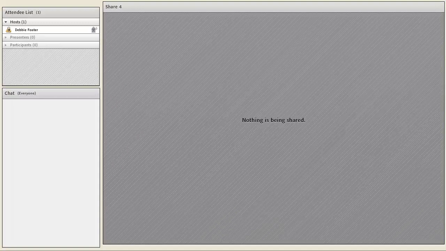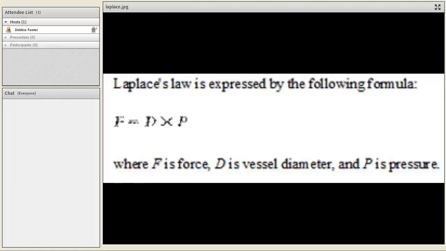You may see this on your quiz or exams, so I wanted to share one more with you. You at least need to know what Poiseuille's law is. This is really pixelated, and I apologize for that. But Laplace's law is another fluid dynamics law that helps us with flow.